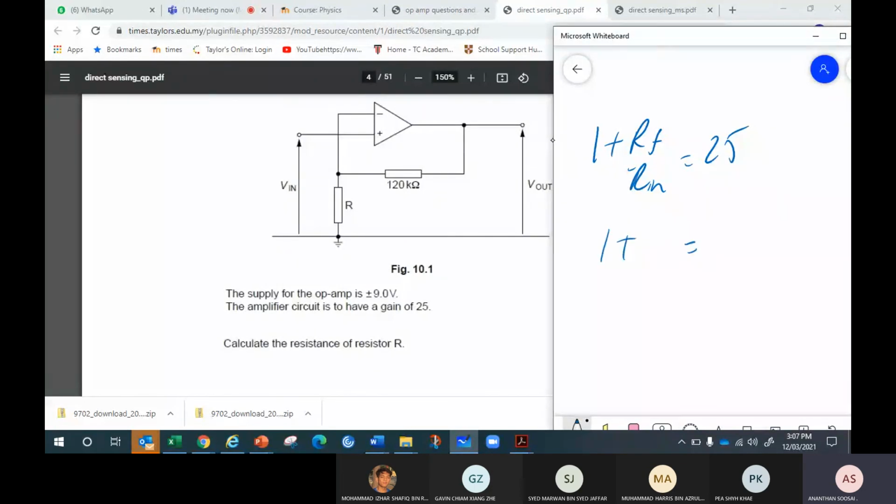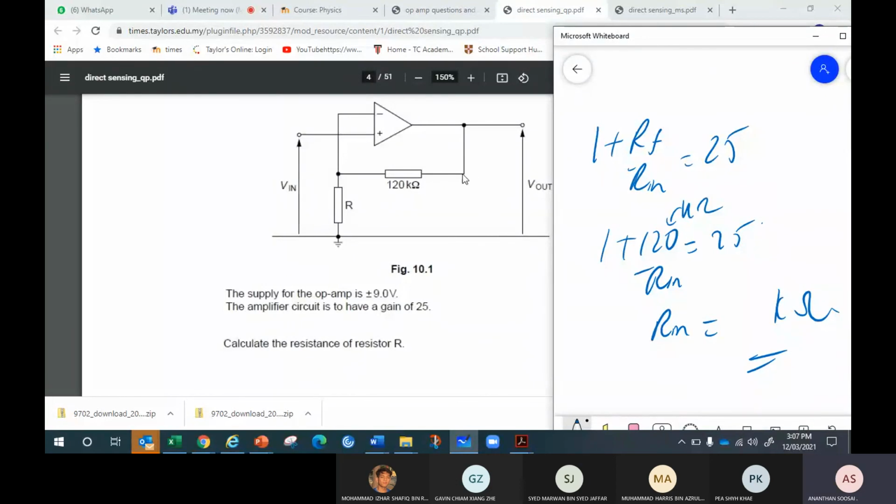So 1 plus 120 over Rin is 25. Find the Rin. If your RF is 120 kilo ohm, your Rin will also be in kilo ohm. So that's the answer for R.